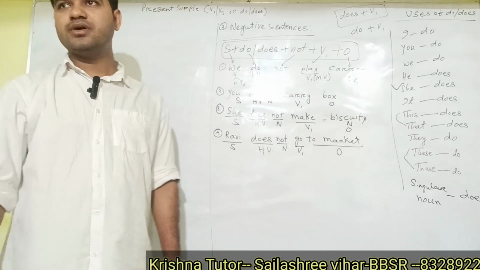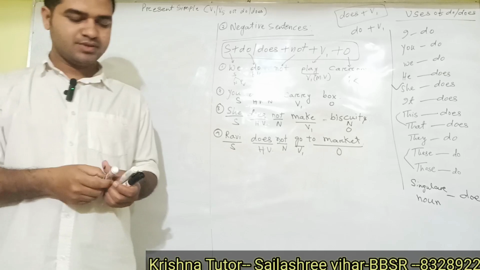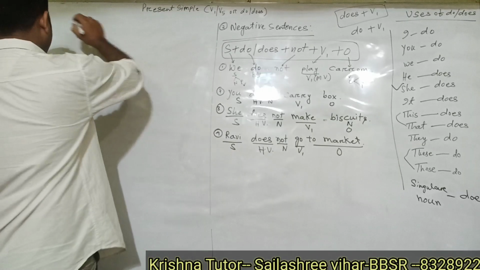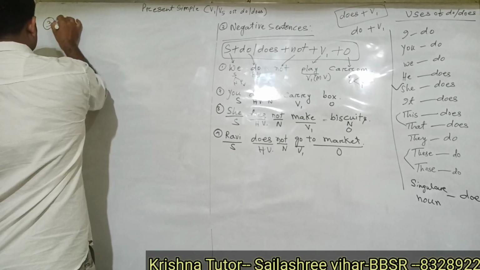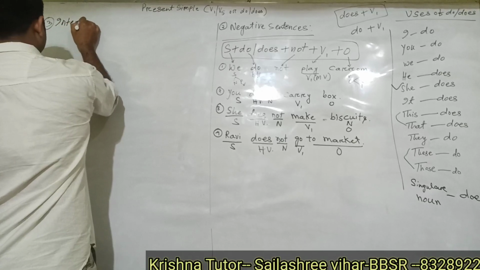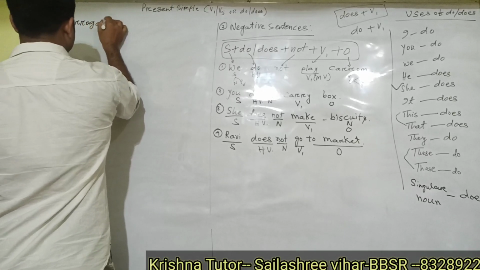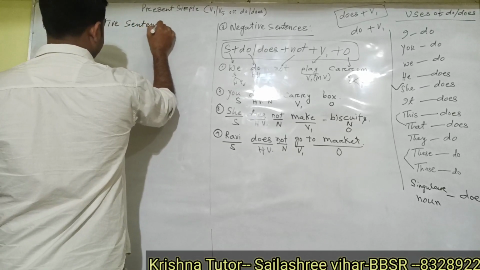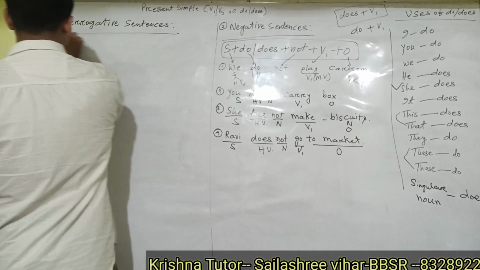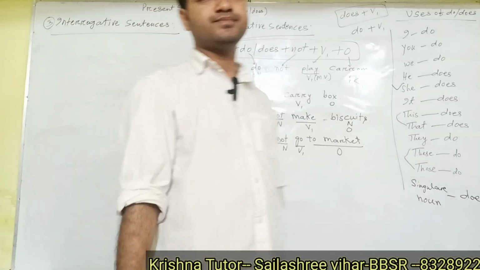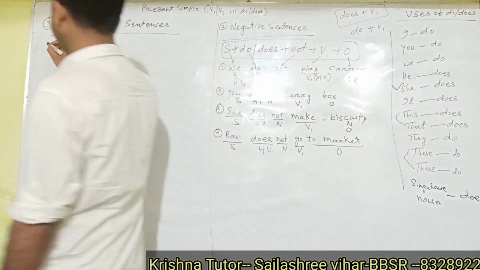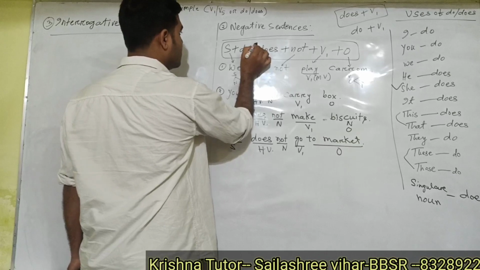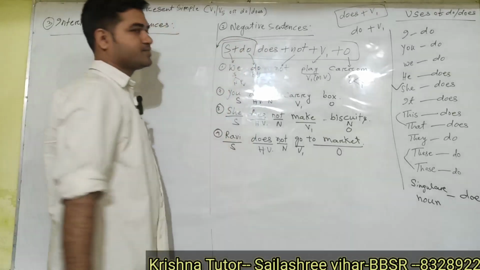So you have done up to here. Negative sentences are finished. Then we will go for interrogative sentences. If I talk about interrogative sentences, we have to bring the helping verb before the subject.